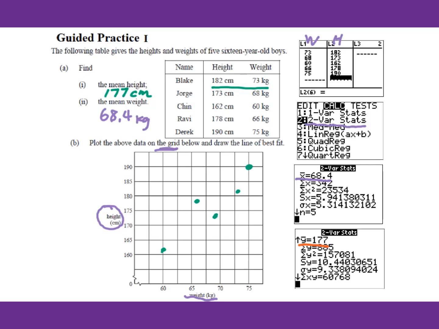But when you draw the line of best fit, you have to make sure it goes through the mean point. The mean weight is 68.5 and the mean height is 177. The red is the mean point. Then you draw a line passing through this mean point. This is the line of best fit.